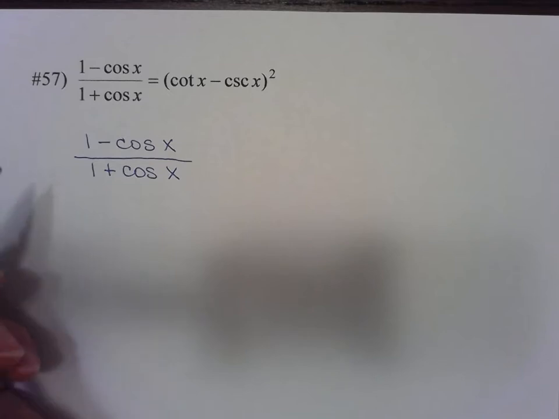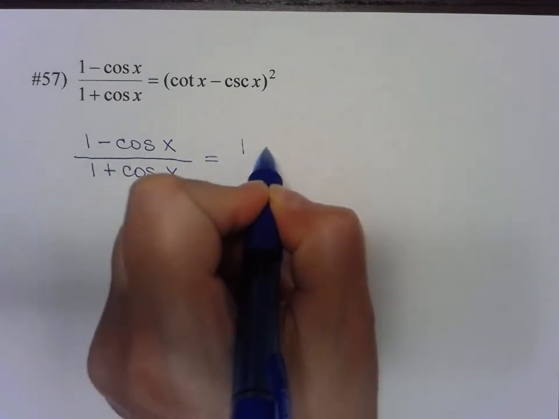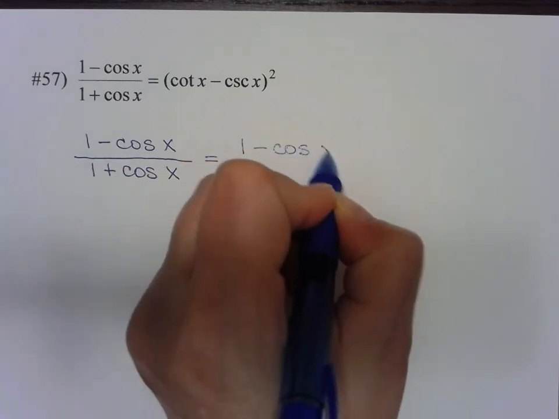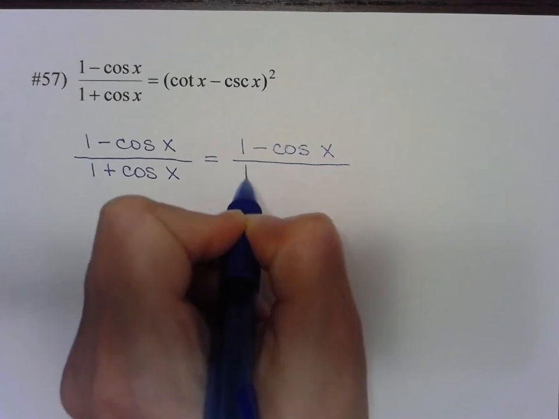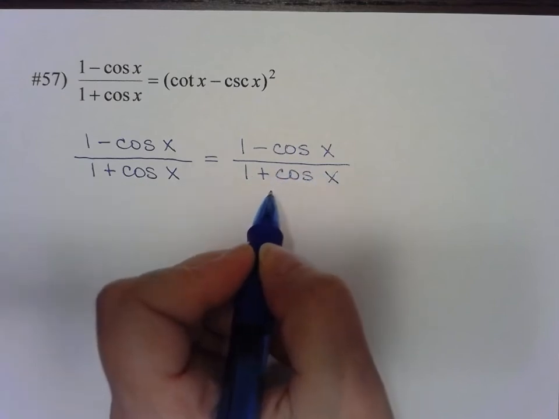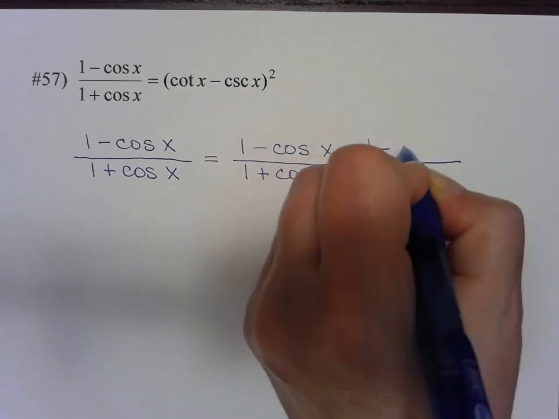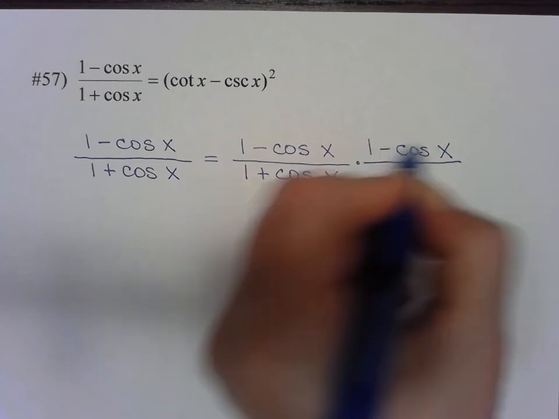So let's try it. What we'll do is we'll take this fraction that we have and we'll multiply by the conjugate of the denominator. So the conjugate of the denominator would be 1 minus cosine of x.